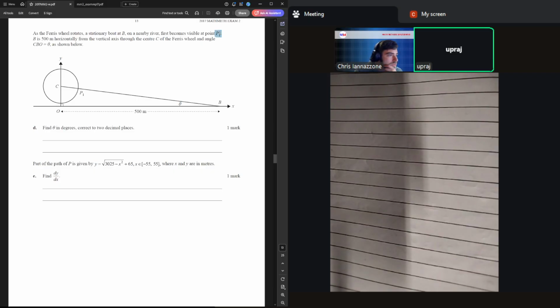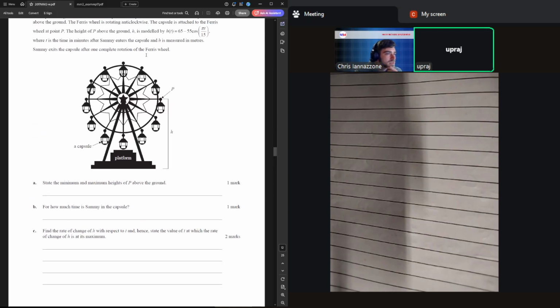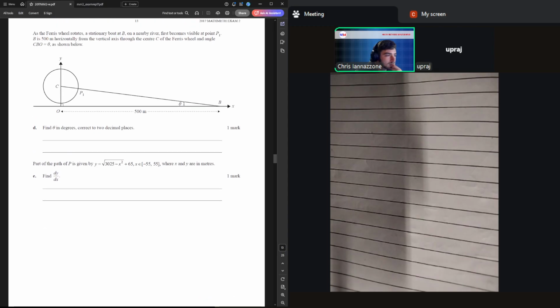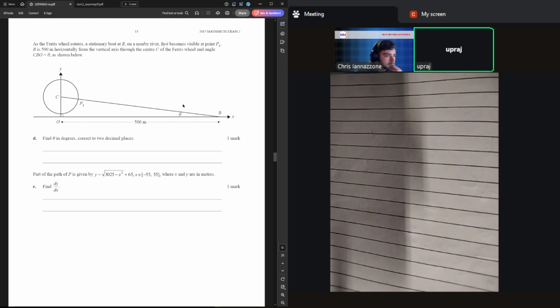From C to O, I think it's 65. C to O, yeah, because that's the center. So 65, there's your center line. So that should just be tan theta is equal to 65 on 500, opposite over adjacent.